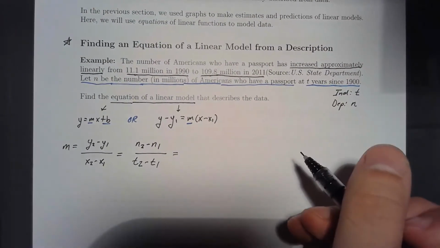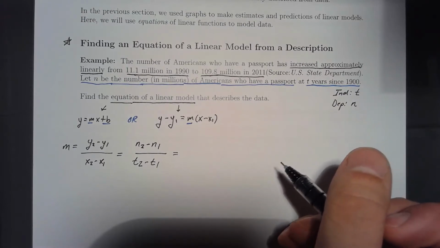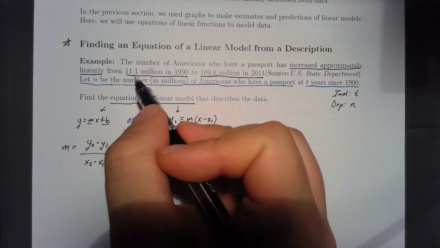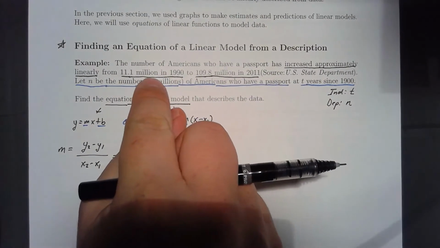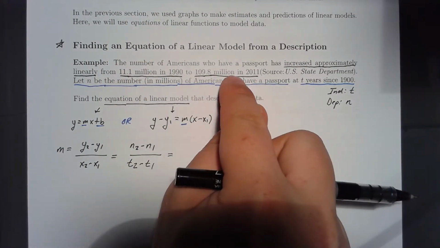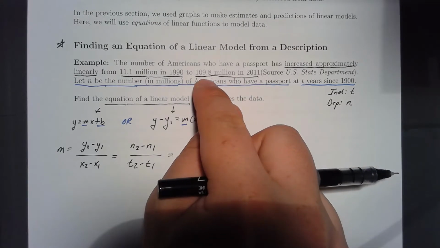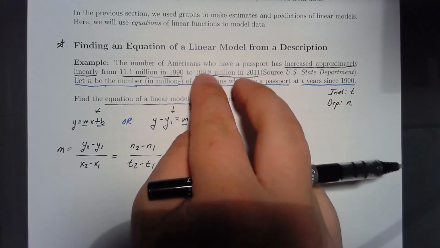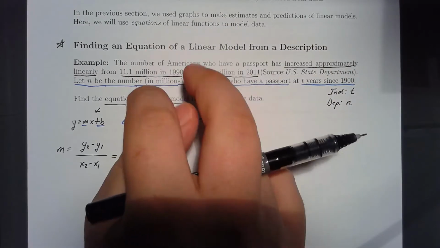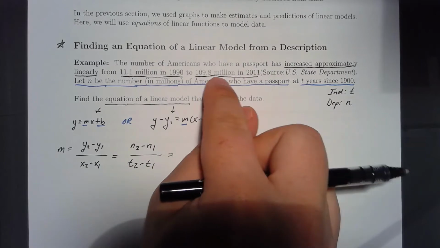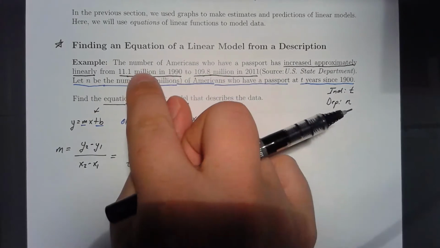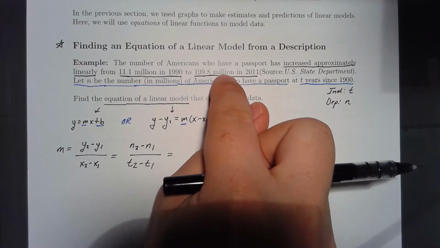Okay, so how are we going to get this information? Well, it's right here. It goes from this amount to this amount. This is the first amount, and this is the second amount. So we could think of this as the t2, n2 point, and this as the t1, n1 point, because we go from the first point to the second point, right?